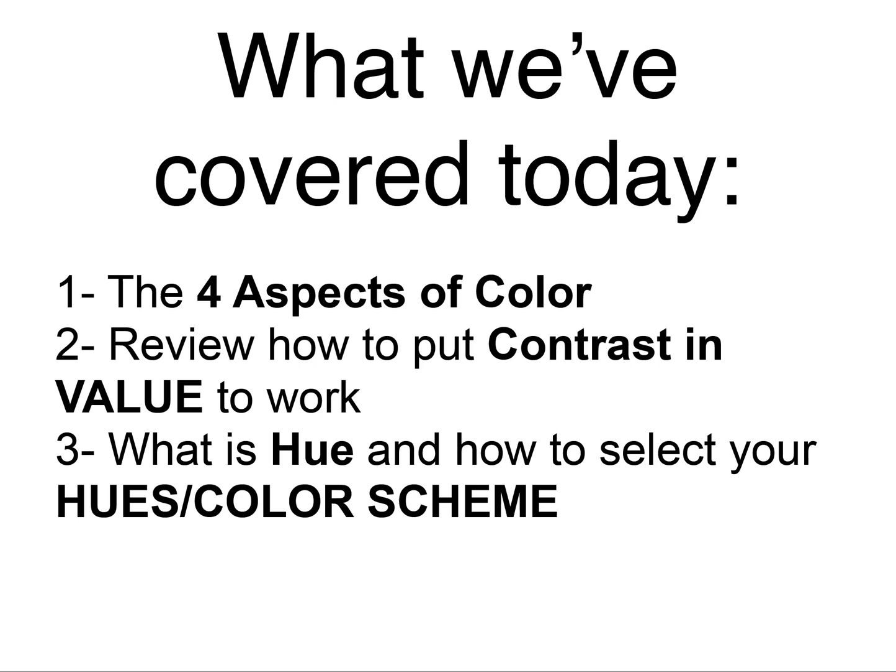We've looked at what hue is and how to select your hues and color schemes. So hue is the color's spectral position. It's where the color is on the color wheel. Remember, you can think of it as the color name. And how to select the hues for your color scheme: 1 color per one of the main areas in your thumbnail.